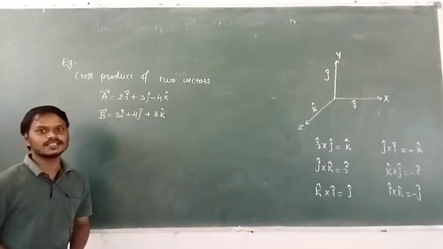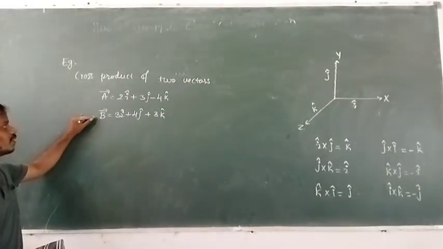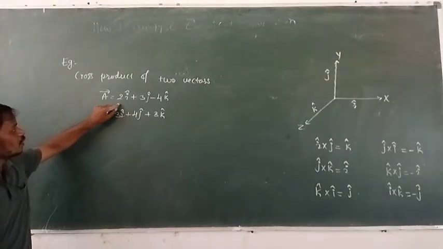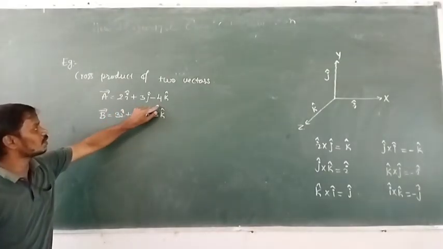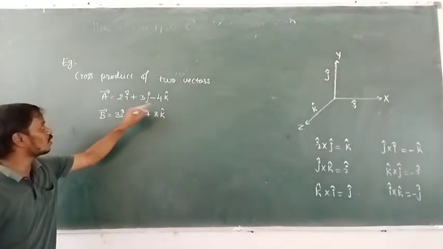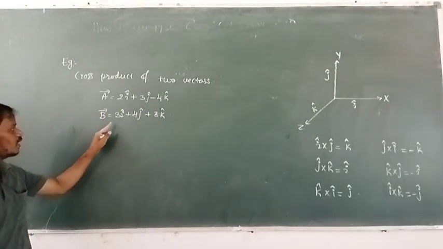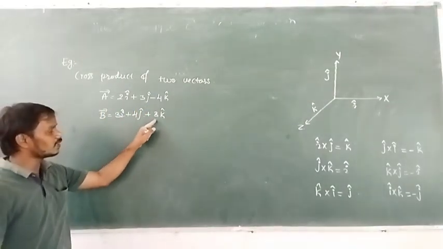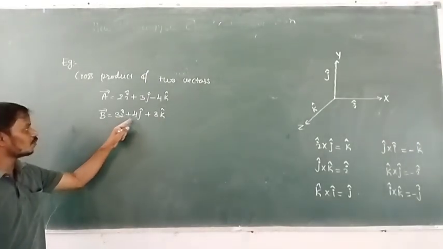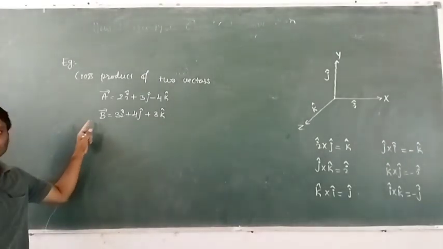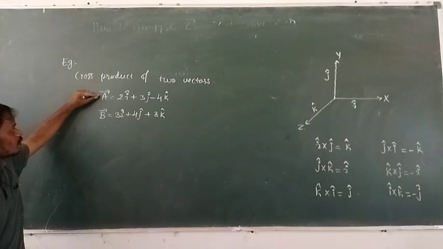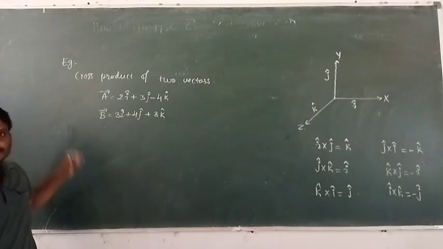Let us find the cross product of vector A and vector B. Here 2, 3 and minus 4 are the x, y and z components of vector A. Next, 3, 4 and 3 are the x, y and z components of vector B.